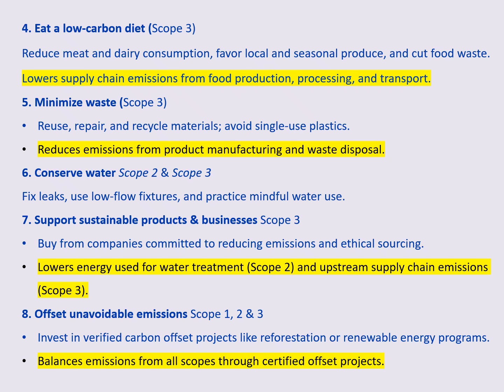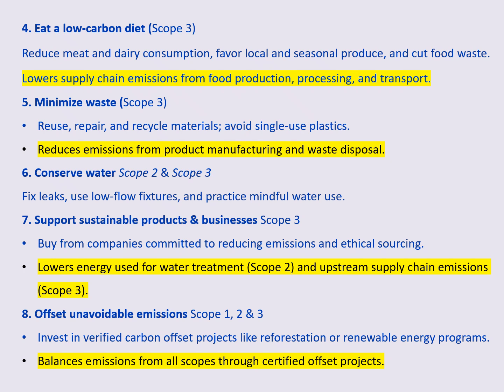Conserve water, scope 2 and scope 3. Fix leaks, use low flow fixtures and practice mindful water use. This will conserve water, which will come under scope 2 and scope 3 depending upon the application. Lower energy used for water treatment will be scope 2.